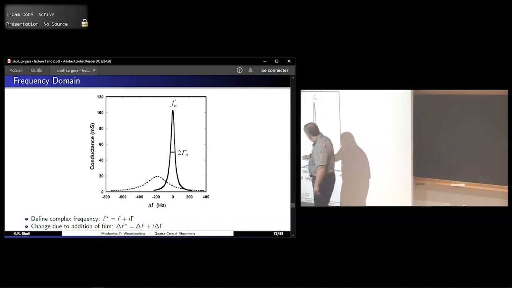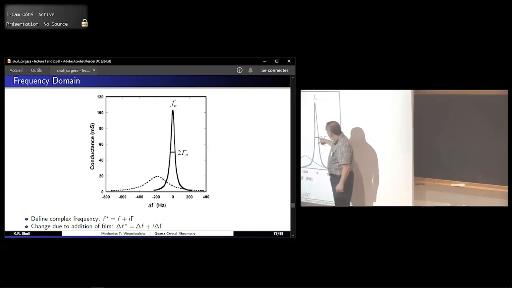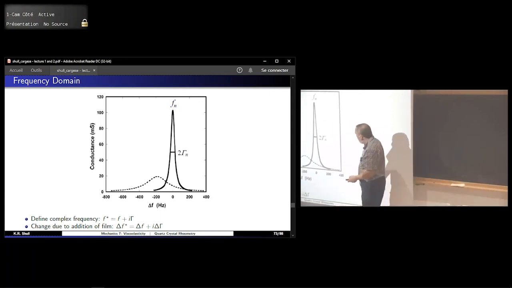If I put something on it, a small mass, the frequency goes down, and the peak also broadens a little bit. This gamma, the half width at half max, is directly related to the quality factor. It's inverse to the quality factor of the resonator.